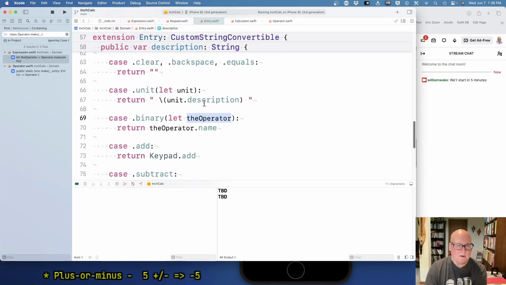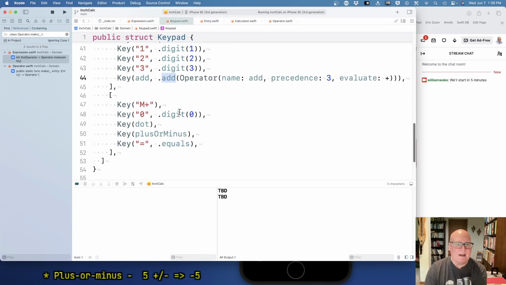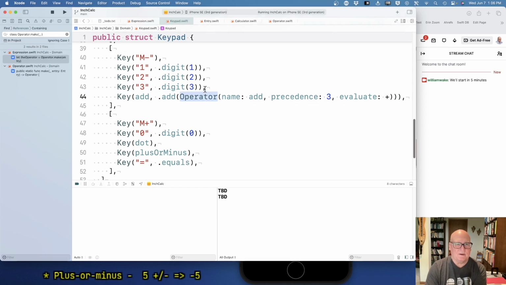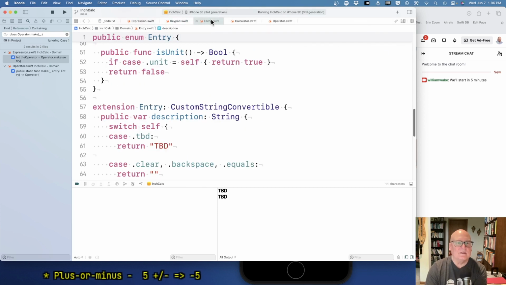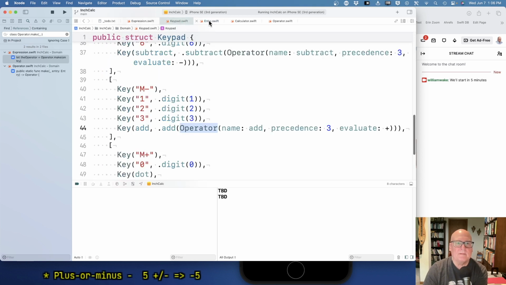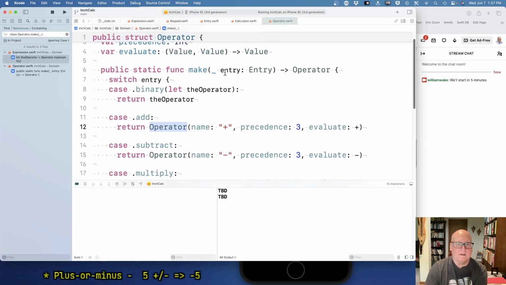Okay, so now I'm backing off what I did. Okay, we got add with an operator. Wait a minute, oh, we did put them in. Okay. Yeah, so operator, this make entry.